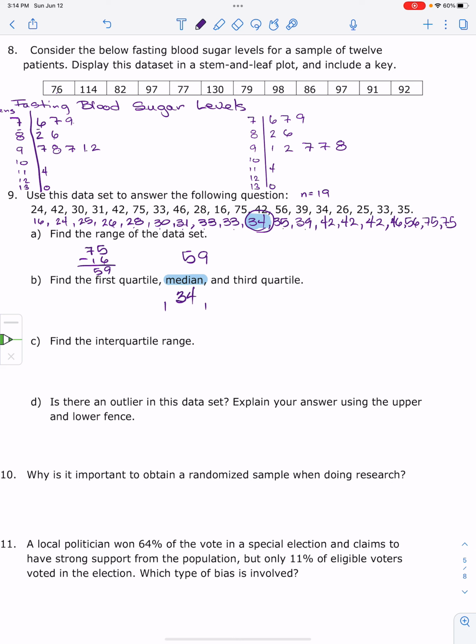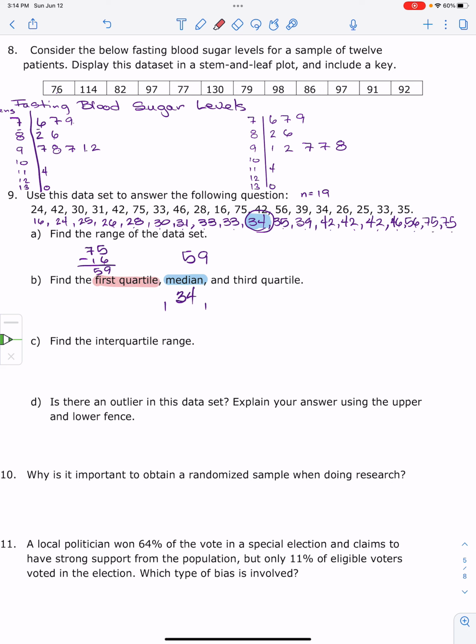And then 1, 2, 3, 4, 5, 6, 7, 8, 9 after. So I know that 34 splits our values in half. So now I have 9 data values in the bottom half of my set and 9 values in the top half. If I want the first quartile, I want the median of the bottom half.